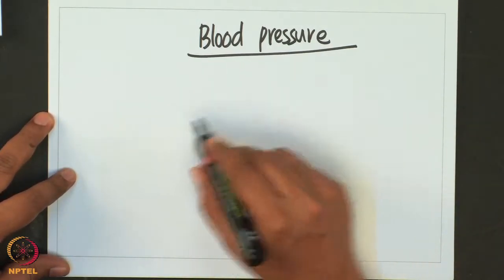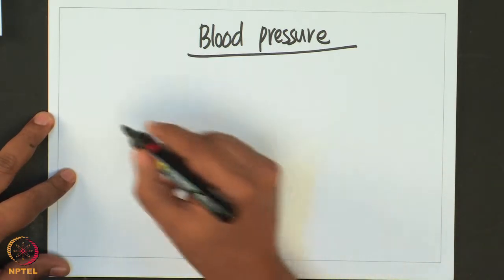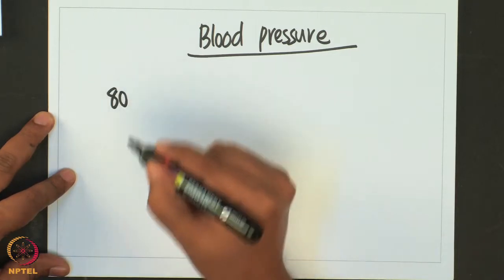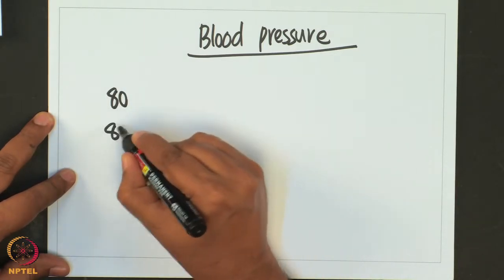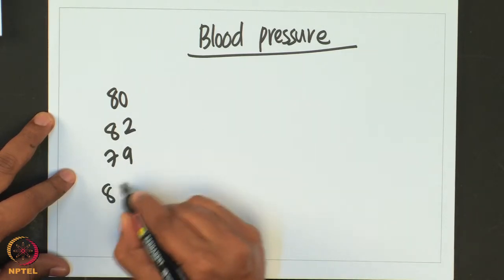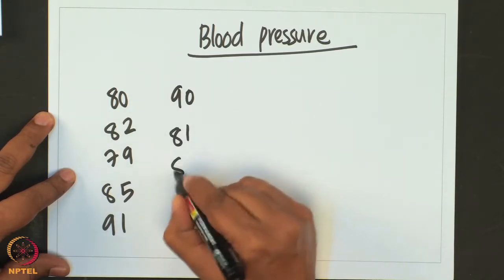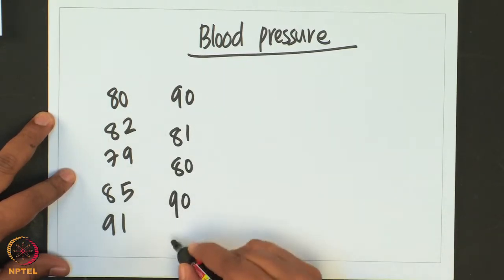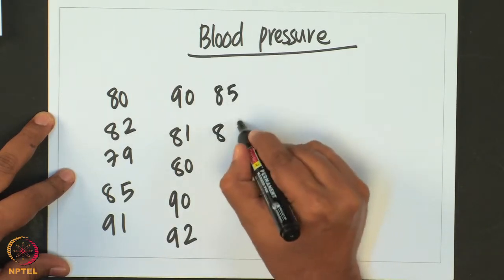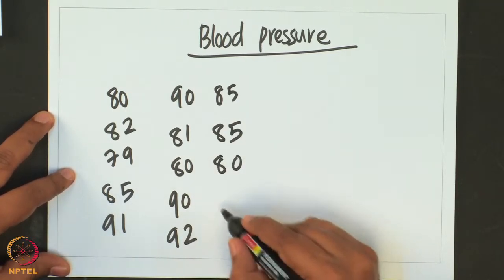If you take a population and look at the blood pressure of the population, and write only the smaller number, which is around 80, you would get some numbers: 82, 79, 85, 91, 90, 81, 80, 90, 92, 85, 85, 80. All these different numbers you would get.